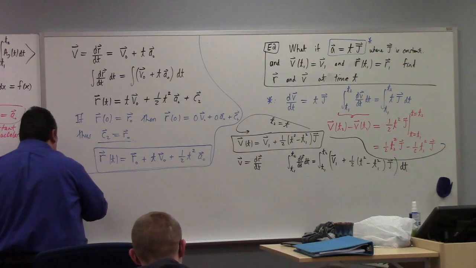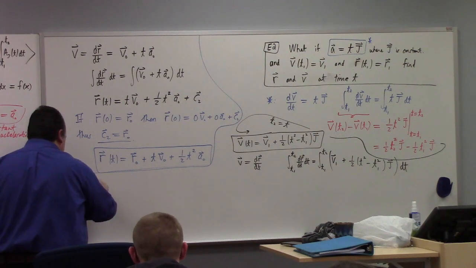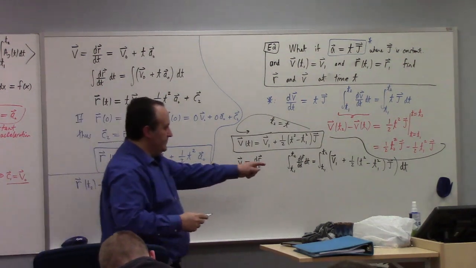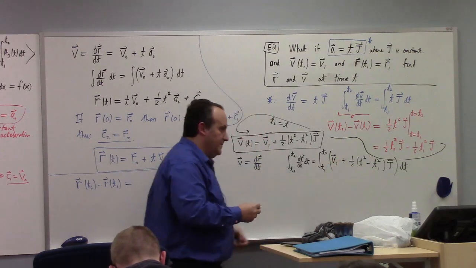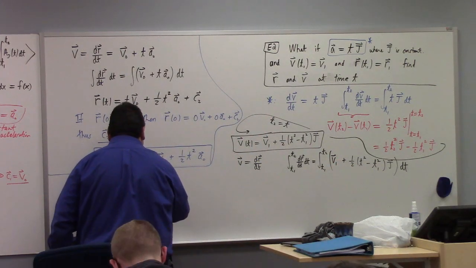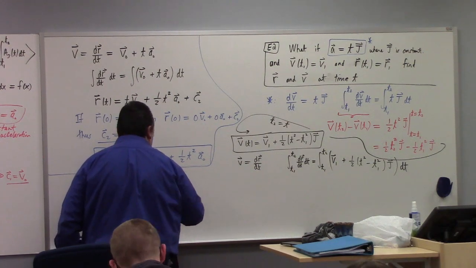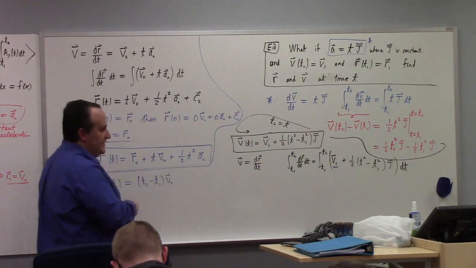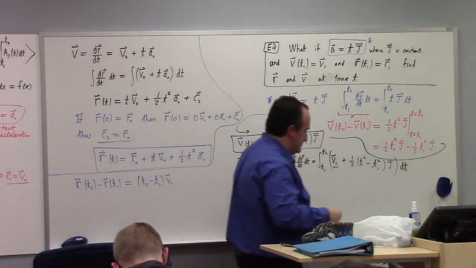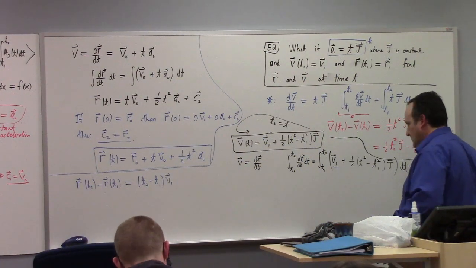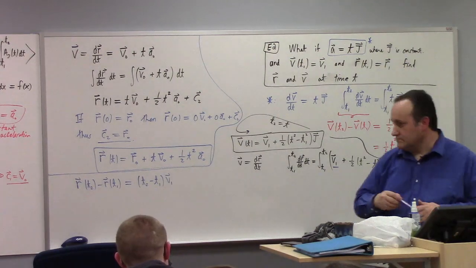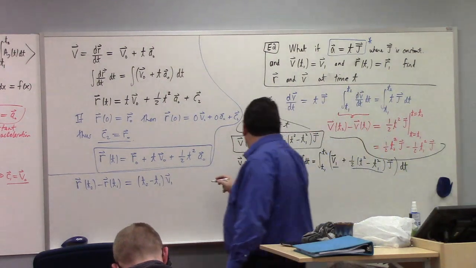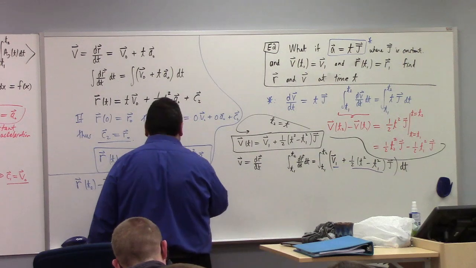So we have r of t2 minus r of t1 is equal to, well, I have to do this integral. When I integrate v1, that ends up giving me t2 minus t1 times v1. That's what I get from this piece right here. How about the other piece? How does that integrate? I'll leave the half out front.